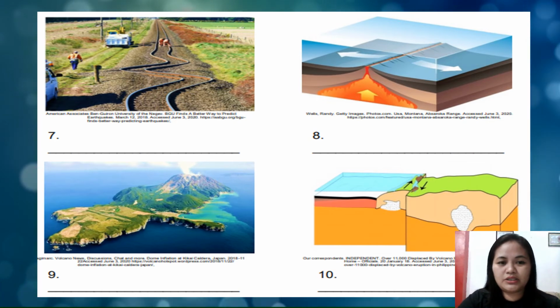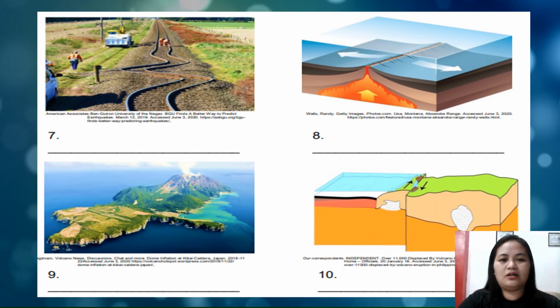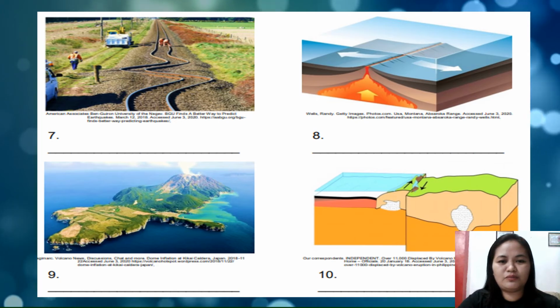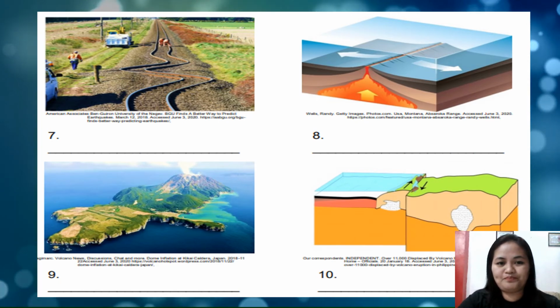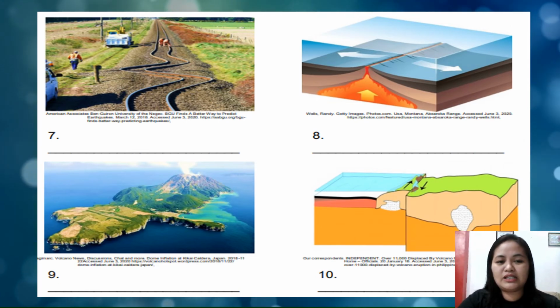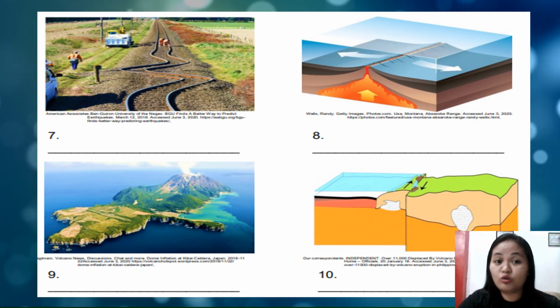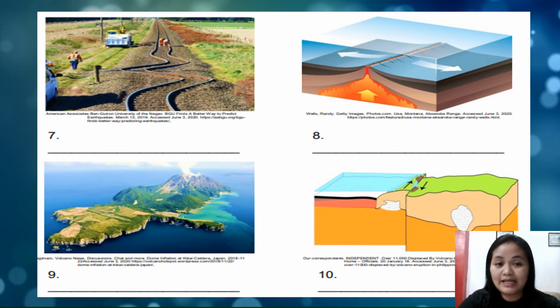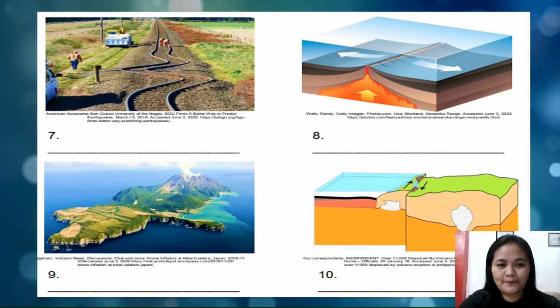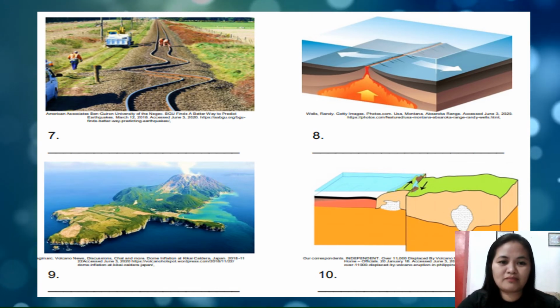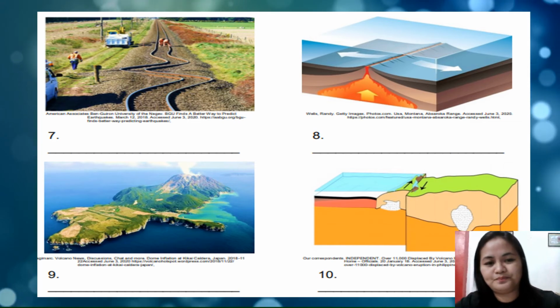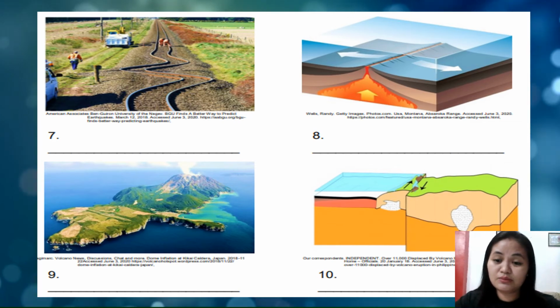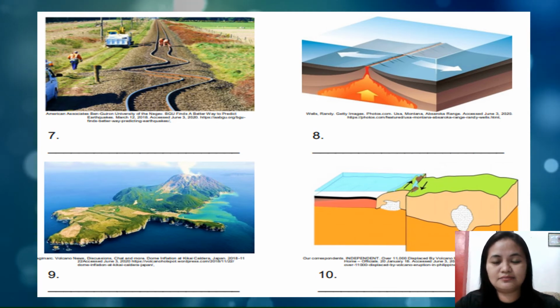Take note, there is no breaking. There is no land formation formed on top. There is only an alignment. In Filipino, nagulo lang yung pagkaka-straight ng riles. So what kind of movement or plate boundary is involved? They just move, sliding past each other.